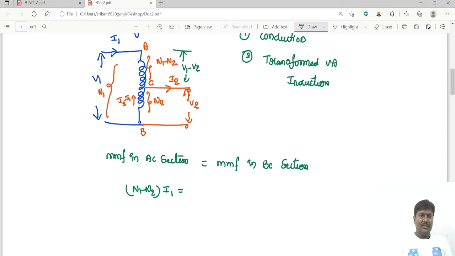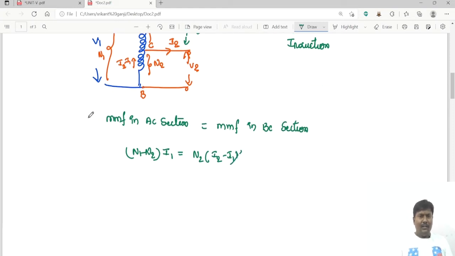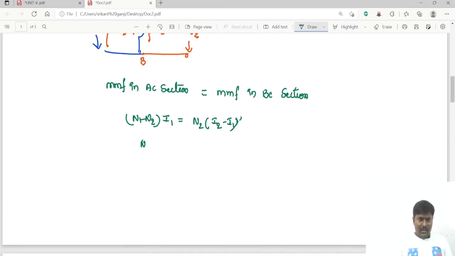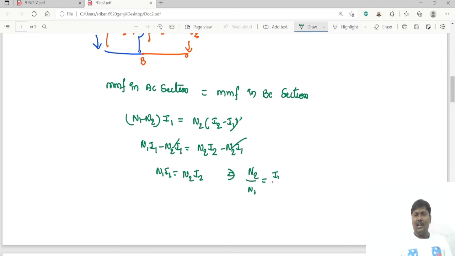The MMF in the BC section is N2 into I2 minus I1. So expanding, N1 I1 minus N2 I1 should be equal to N2 I2 minus N2 I1, and these two cancel. Now the primary MMF is equal to the secondary MMF. From this we can write N2 by N1 is equal to I1 by I2.